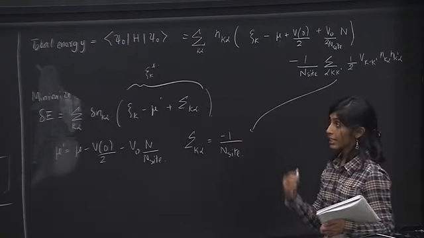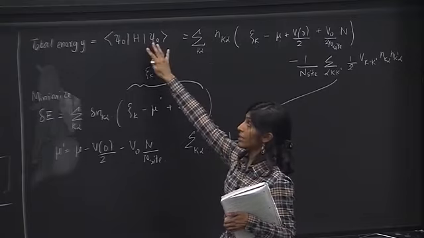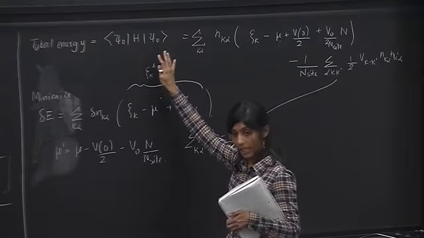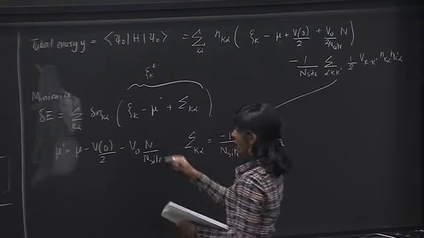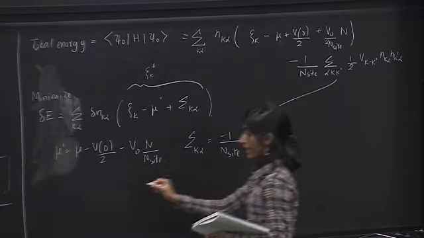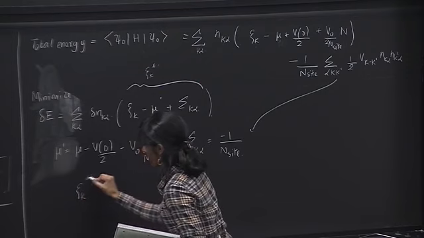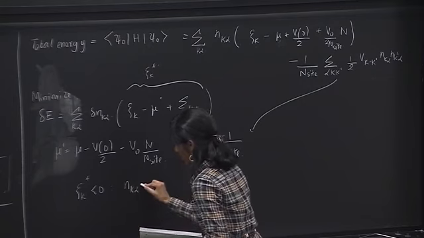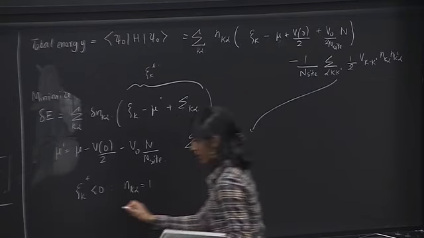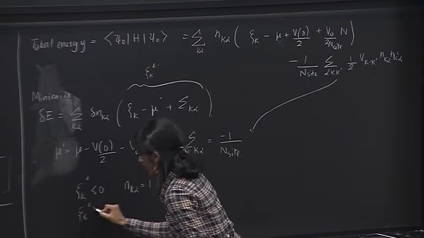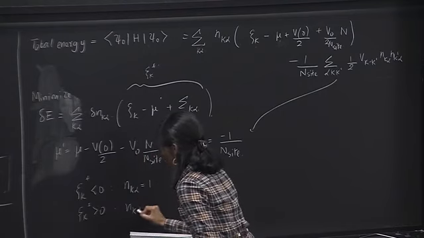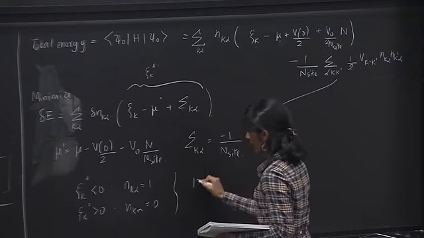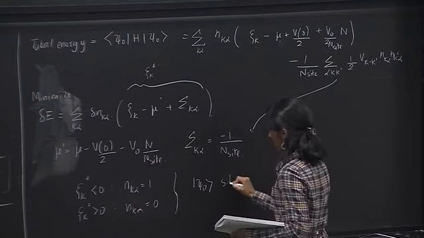So you basically see the condition for this to have minimum energy within this variational class is that whenever psi k star is negative, then we occupy such states, and whenever it's positive, we leave them empty. And this is psi 0.